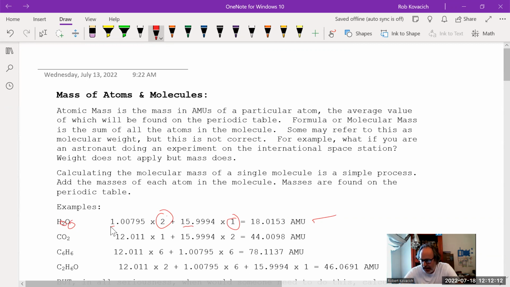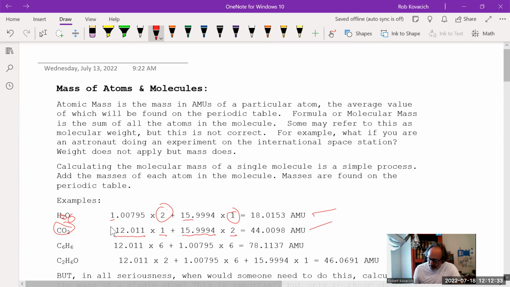So you're literally just adding the masses together based off of how many of each of those atoms are in the molecule. So here's our 12.011 mass of carbon, one of those guys, and the mass of an oxygen times 2 because carbon dioxide has 2 of them, and 44.0098 is the mass of a single carbon dioxide molecule. We can keep going with this.